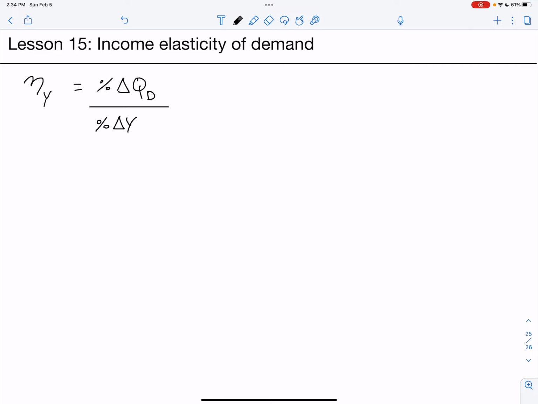So you'll notice that this is the exact same formula as we had for the price elasticity of demand, except we're using income instead. In those videos, if you go back and watch them, what we said is that the price elasticity of demand was the answer to the question, when price increases by 1%, by how much in percentage terms does quantity demanded decrease, right? Or you could replace increase and decrease there by change, just more generally.